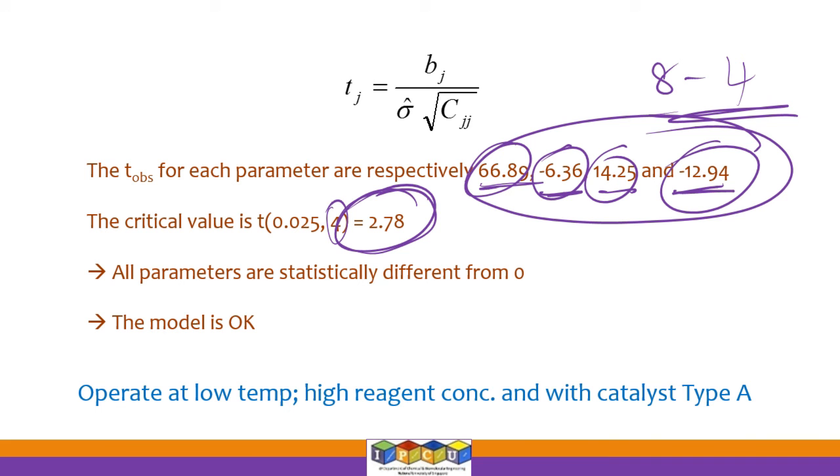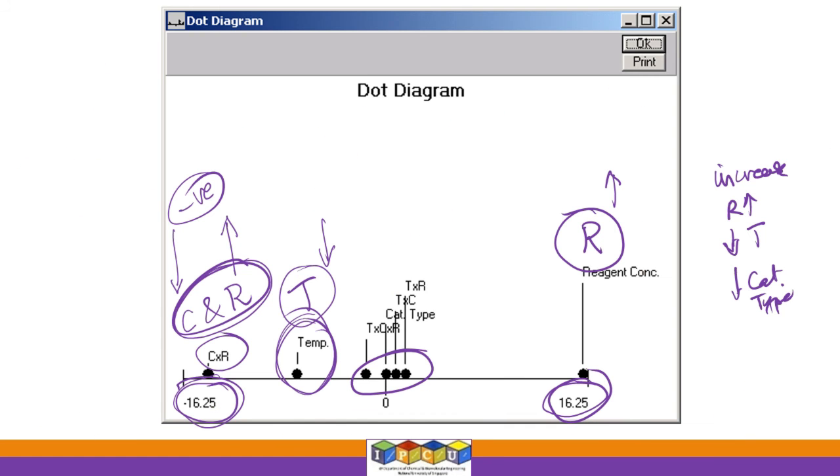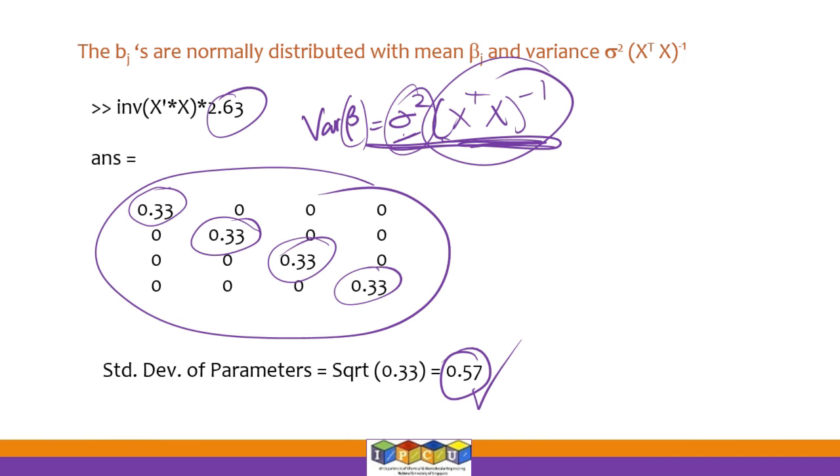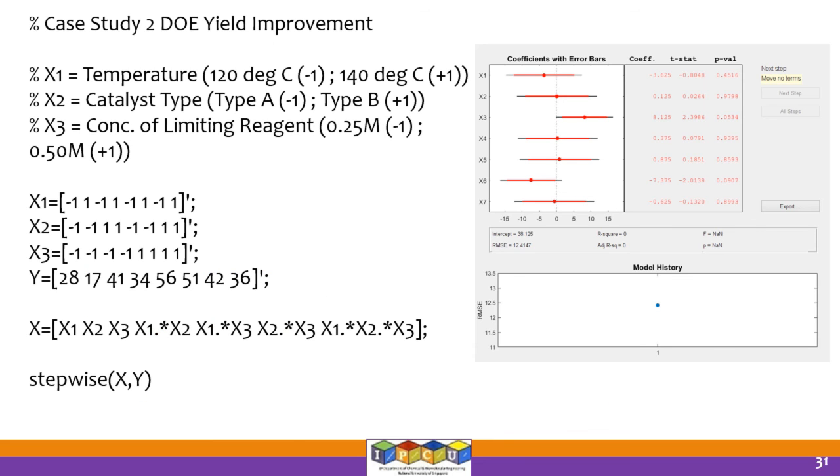They are not like 0. So the model is okay. And therefore, as we said earlier, high reagent concentration, low catalyst type, and you also want to operate at low temperature, right? The same conclusions as before, because we are working with the same kind of numbers.